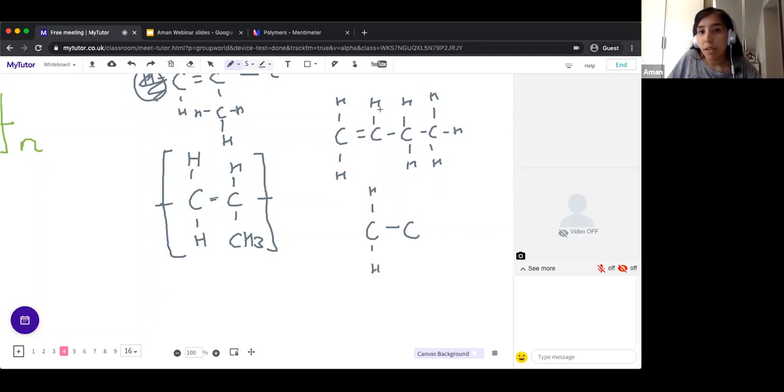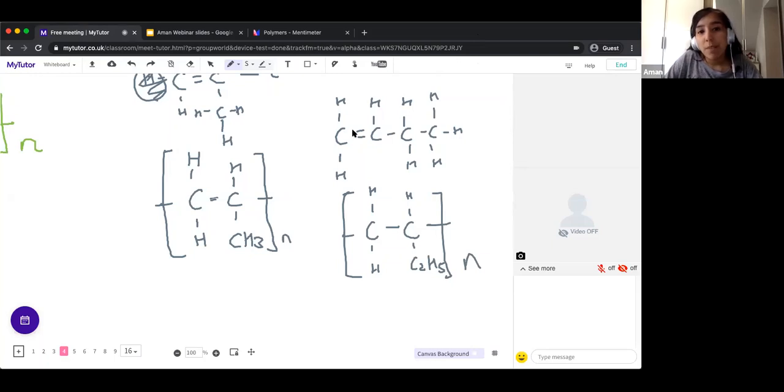The second carbon has 1 hydrogen on top, and then we just need to move all of this down below. So this is C2H5, so we put it down below, C2H5, and then our square brackets, like so, and then don't forget the N as well. So that's butene. So essentially, if you just remember that the monomers are being added on to the double bond, then hopefully it will make sense, and you've just got to move anything else onto the other carbon atom.